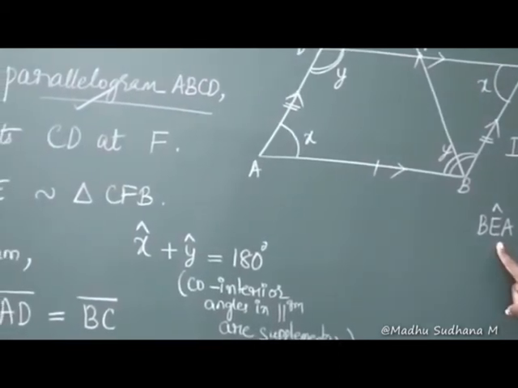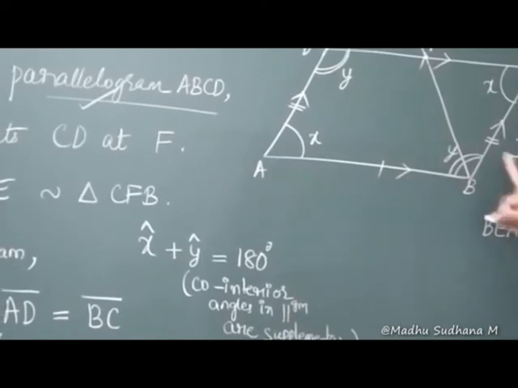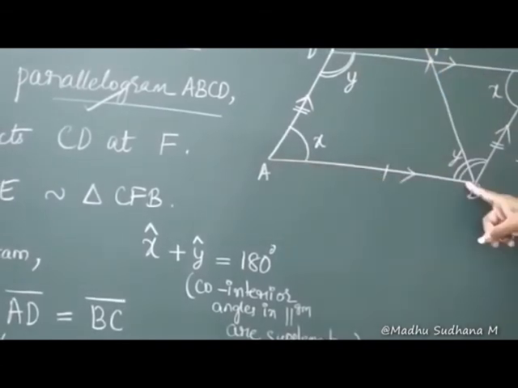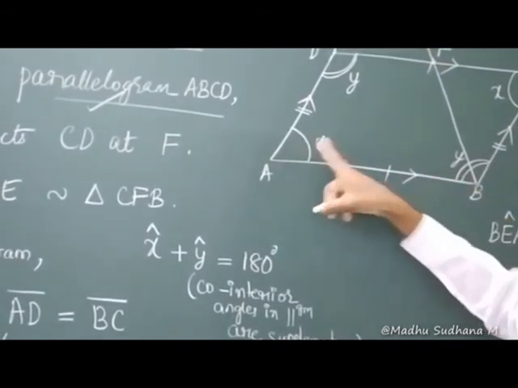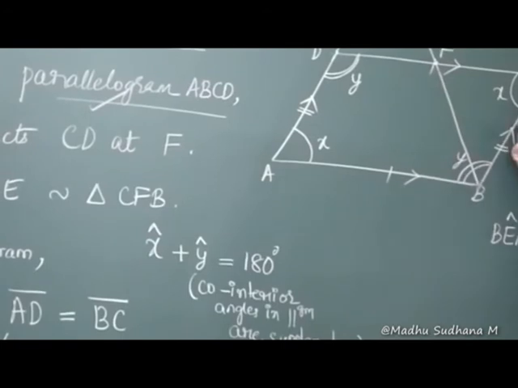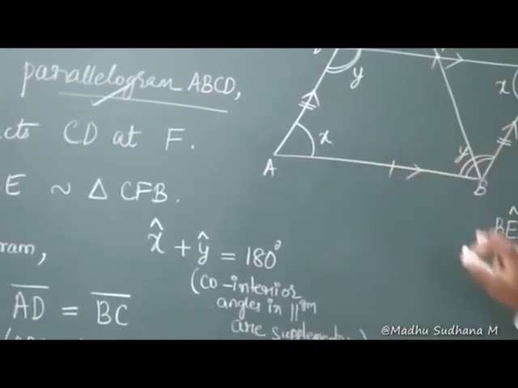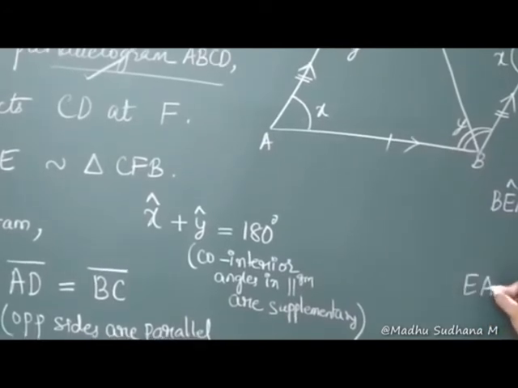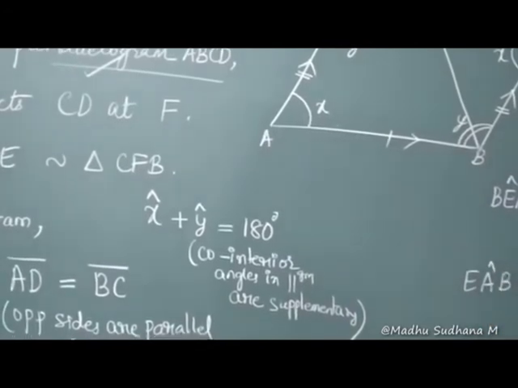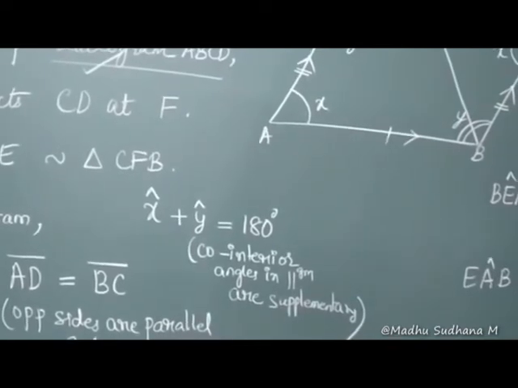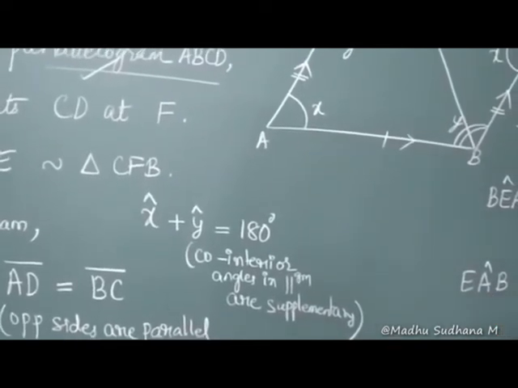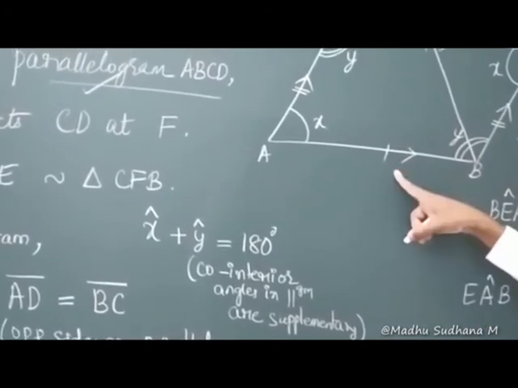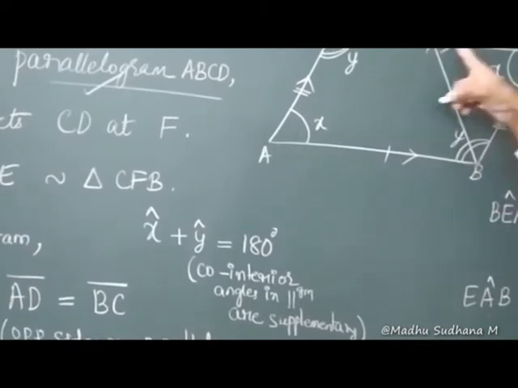Alternate angles are equal. So can we find in these two triangles, in this one we have this angle, and in this triangle we have these both angles equal, right? So can I write angle EAB? In comparison with these two triangles, I can write that the opposite angles are equal here, which is equal to angle BCF.